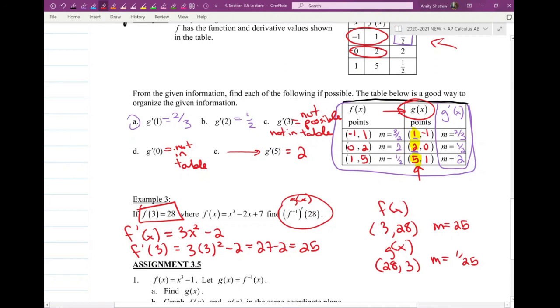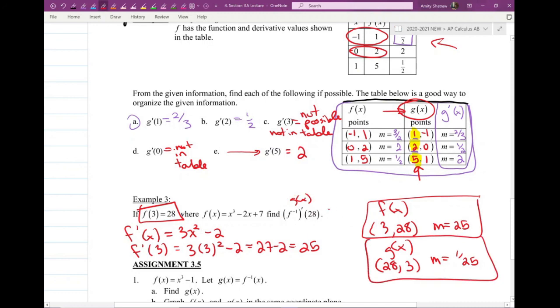That table was extremely valuable for us, and we have reproduced it again down here, and I can actually now say with absolute certainty that my slope should be 1 over 25. And I didn't actually have to find the inverse of that function. That trick is the trick that you want to use on the AP exam.